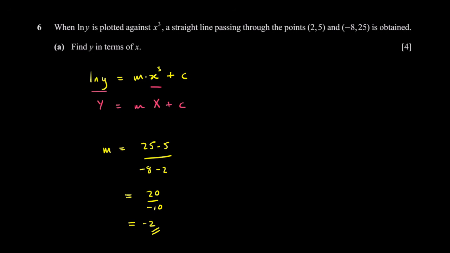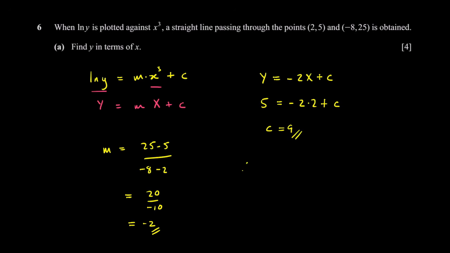So we can write this down: capital Y is equal to negative 2 capital X plus C. And we can just substitute in one of these points. Let's substitute in the point 2, 5. So we've got 5 is equal to negative 2 times 2, because that's our x cubed value, plus C. So C is going to equal 9.